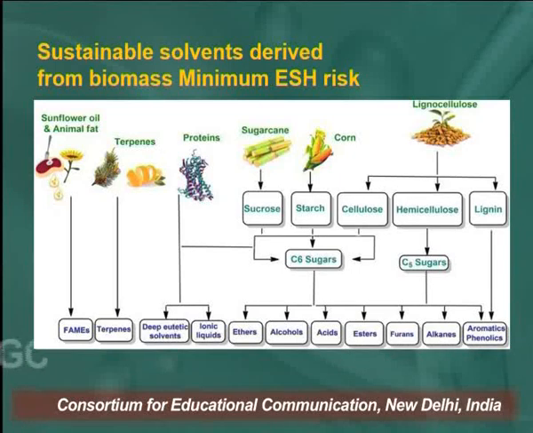You can also see sugar cane and corn, which have sucrose and starch, and also lignocellulose, and wood also has lignocellulose, which contains sugars. The sugar goes through fermentation, because there is a long process and several reactions take place during the conversion of biomass into biosolvents.